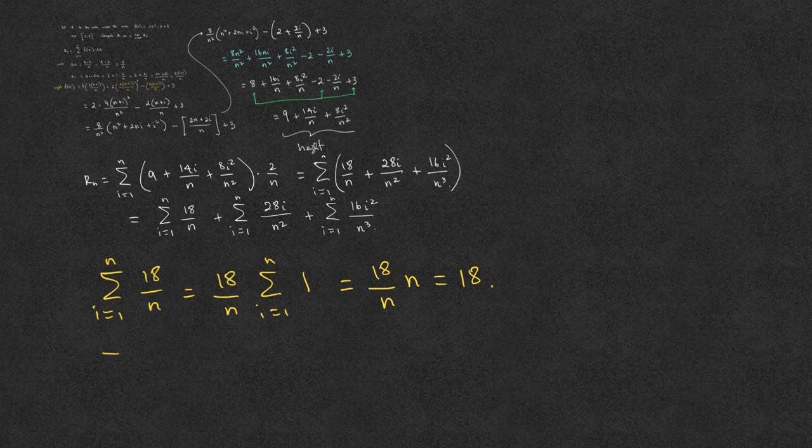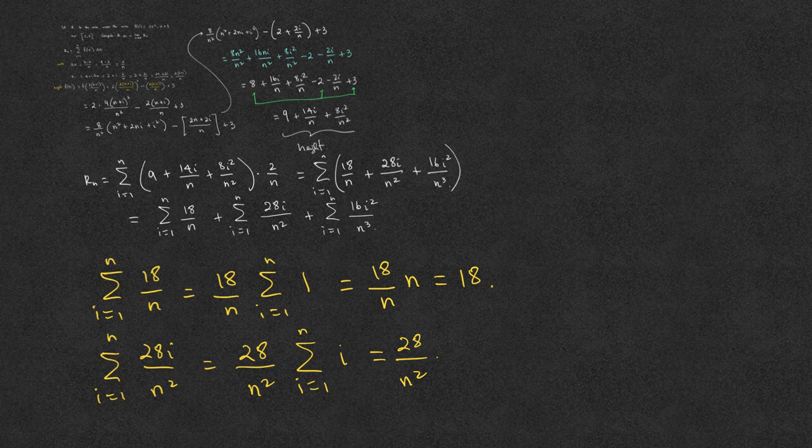Next, the sum as i goes from 1 to n of 28i over n squared. We factor out 28 over n squared and bring it to the front of the sum because, again, this factor doesn't depend on i. Inside the sum, we have i. So this is 28 over n squared.